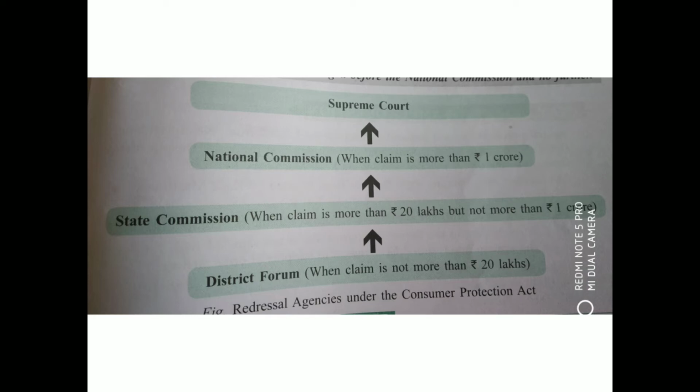So you have to go to the district forum when the claim is not more than rupees 20 lakhs. If your goods in question along with the compensation that you want to claim do not exceed rupees 20 lakhs, that is 20 lakhs or less, you have to approach the district forum. Then comes the state commission.